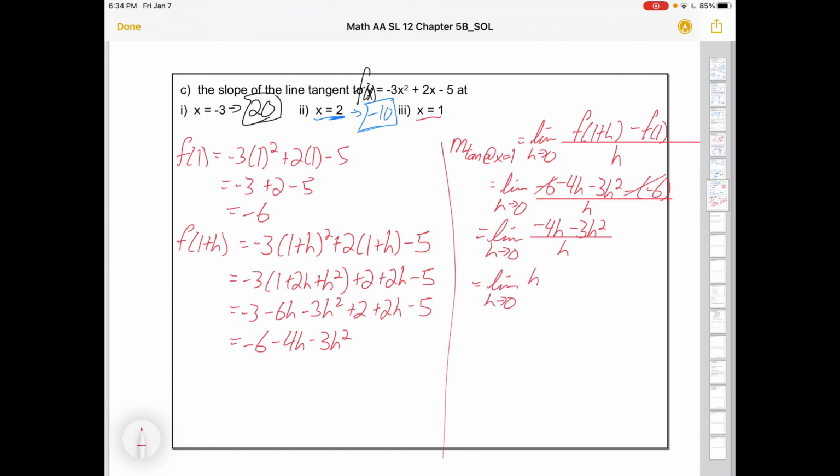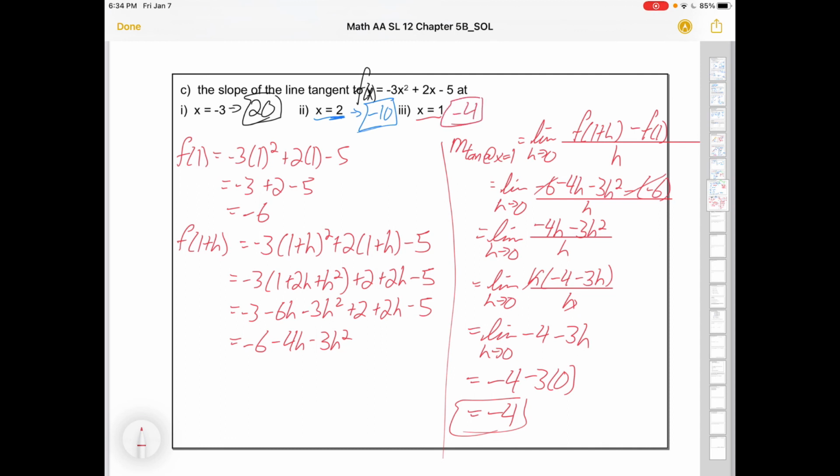You just get a formula and you put it in. All right, and those h's divide out. Lim as h goes to 0 of negative 4 minus 3h. Sub in 0 for h, because you can now. So minus 3 times 0. And get rid of the limit notation, because we actually have found the limit. There we go, negative 4.